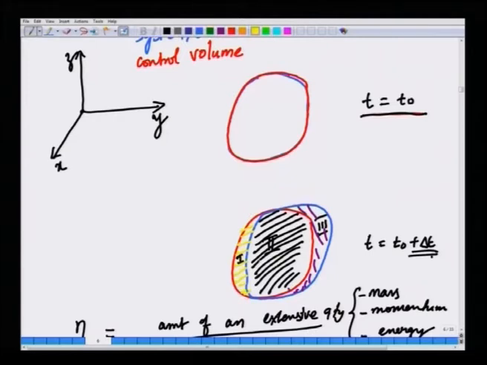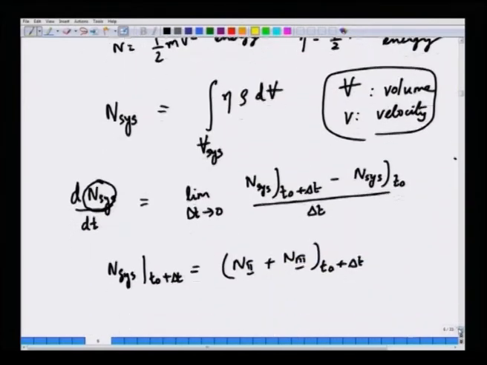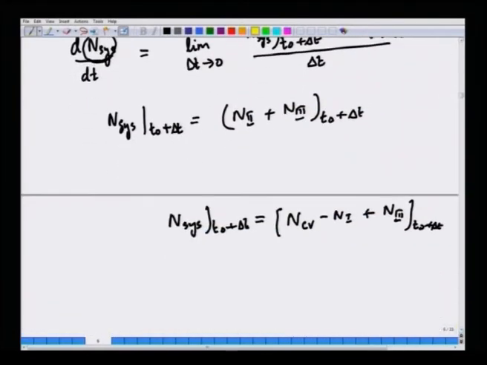If you subtract N1 from N CV, which is the total red line, you will get N2 at time t0 plus delta t, because that is N CV minus N1. N1 is the region that was vacated by the system. So, this completely gives us N system at time t0 plus delta t.